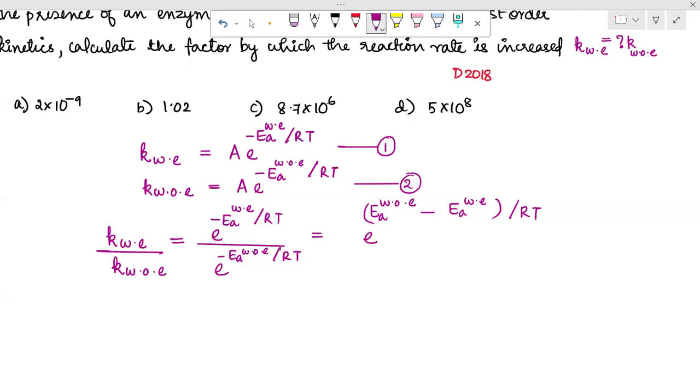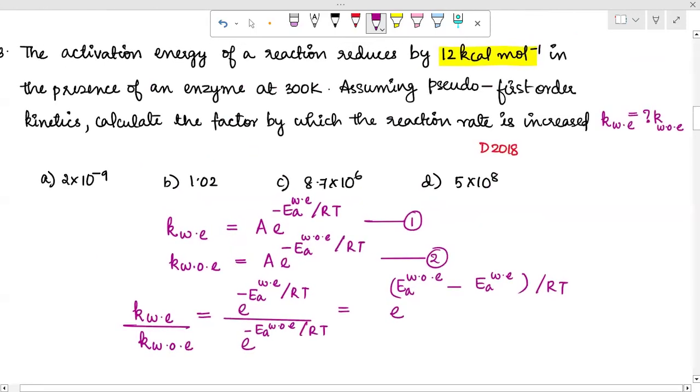Now, see, in the question, they have given that when you add the enzyme, the activation energy of the reaction reduces. Got it? So this value of the activation energy without enzyme minus the activation energy with the enzyme is already given.